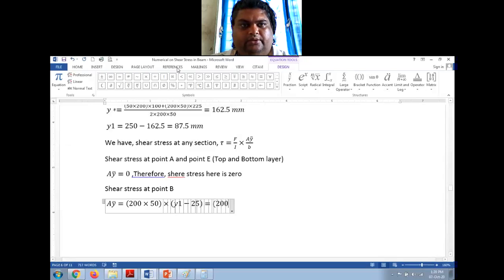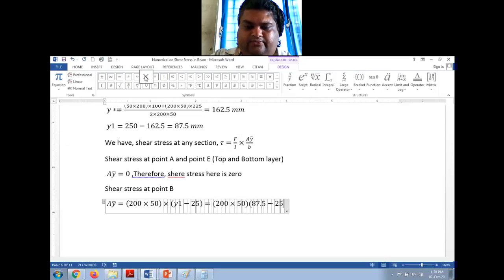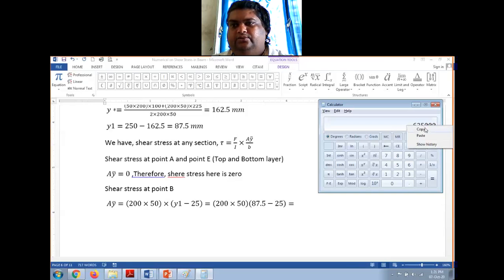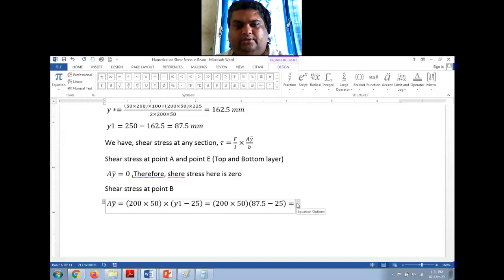So this is equal to 200 into 50 into y1, which is 87.5 minus 25, and that value is 87.5 minus 25 is this, into 50 into 200, right? So it is 625000.